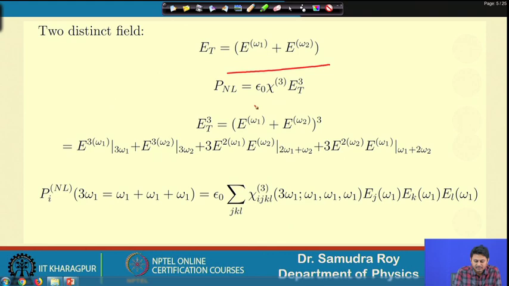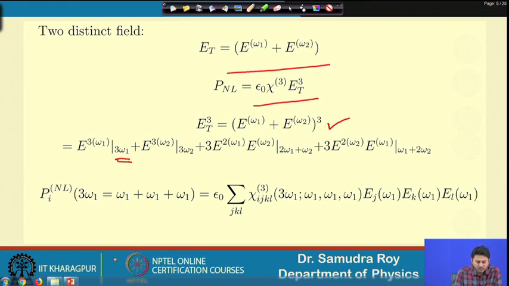P NL is nothing but E total whole cube, where E total is this plus this. So, I need to make a cube of that. When I make a cube of that, what the frequency components are is important. In the first case we have E cube of omega 1, and the frequency component is 3 omega 1.